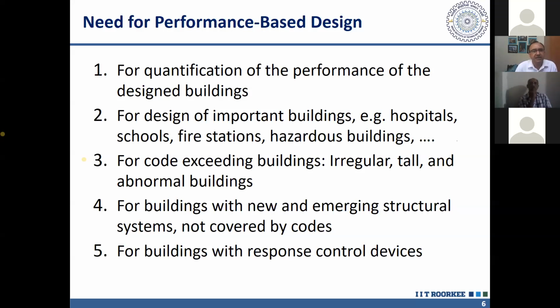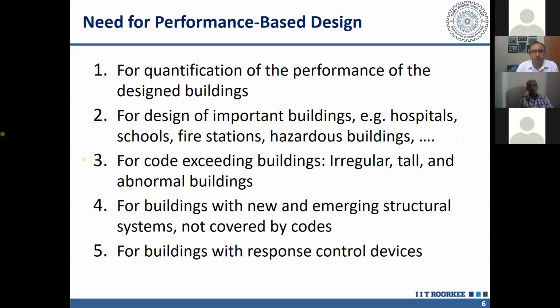Then there are many code-exceeding buildings, either due to their height, where the current code is not applicable, or due to their irregular and abnormal configuration. If there is any abnormality or irregularity in the structure, then performance-based design is the only option available to us. Then there are many new and emerging structural systems.